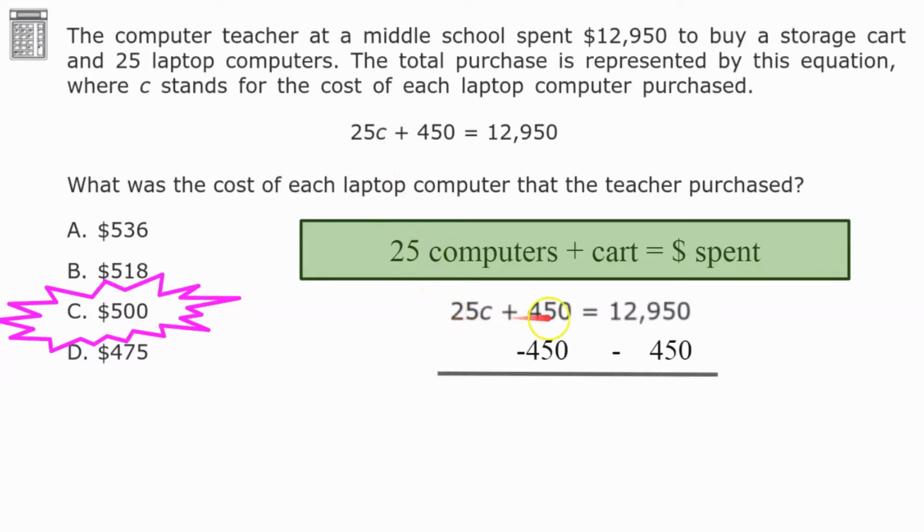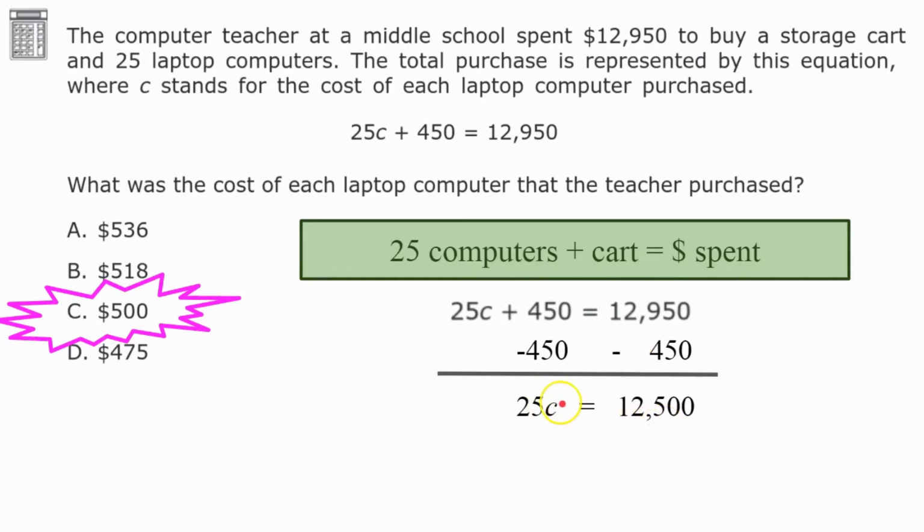We are going to first get this variable term all alone by subtracting 450 from both sides. This creates a zero pair here. The inverse of add 450 is to subtract 450. So I'm left with 25C here because this is 0. 12,950 subtract 450 is 12,500.